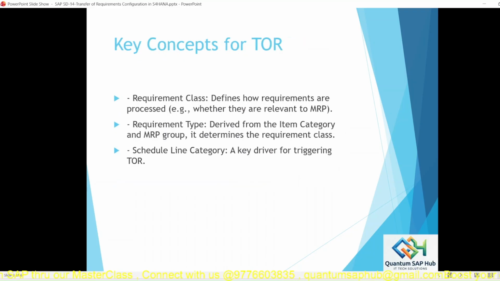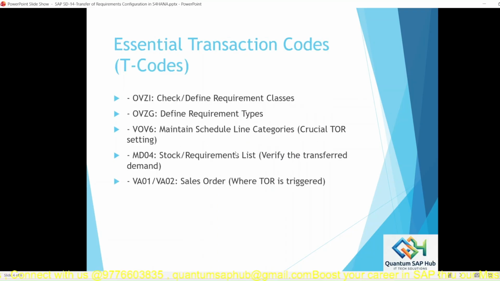We'll go to SAP and understand where all these controls are and how it triggers the whole process. The transaction codes involved: OBZI, where you can see requirement classes and requirement types, and then maintain schedule line categories, which we already showed in the last class.